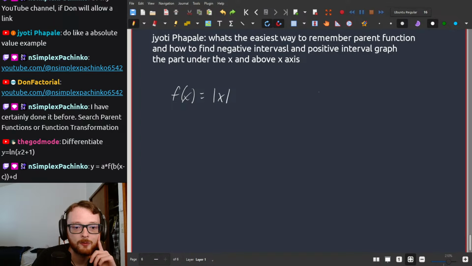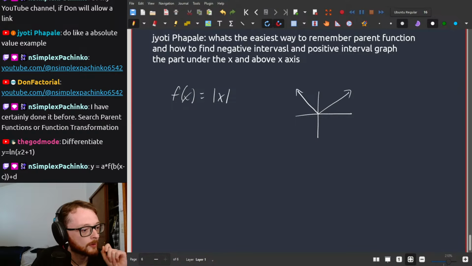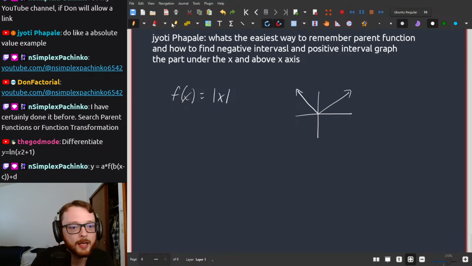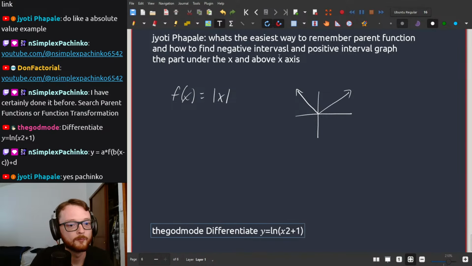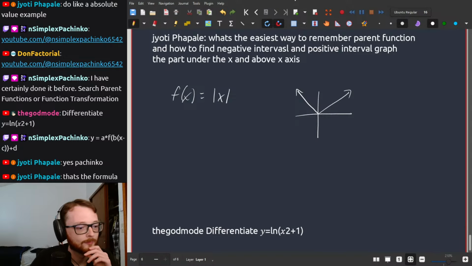So the absolute value of x as a parent function looks like that. The God mode, I can do that. You'll be up next after this. Okay, yeah. And so I guess I'll get to that for you, but I'll build it up piece by piece.